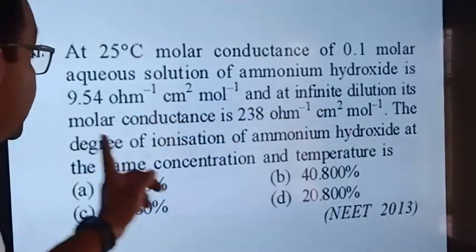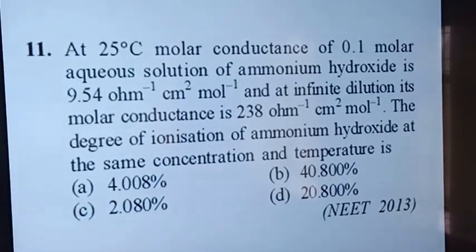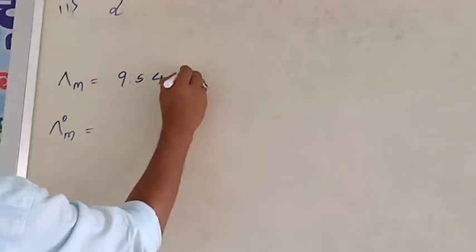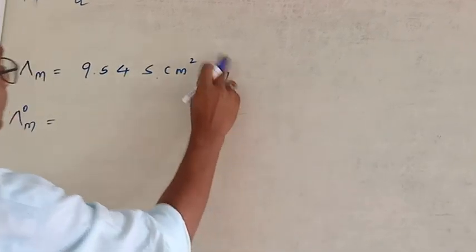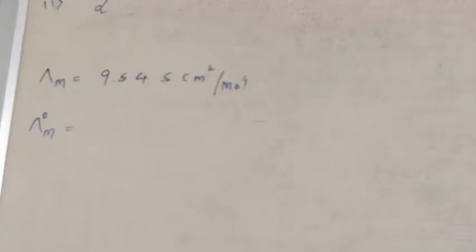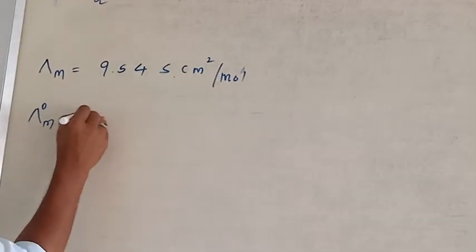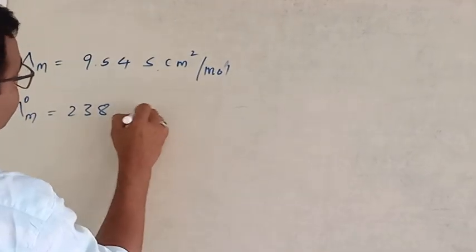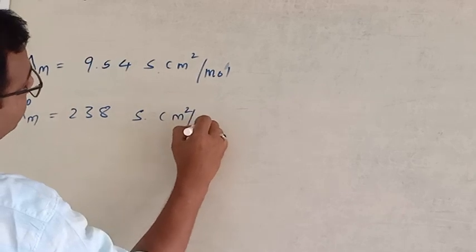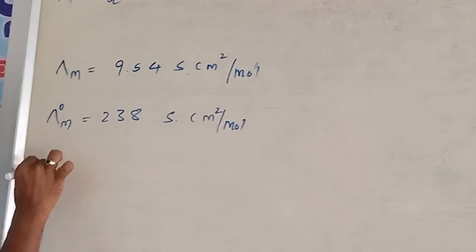And at infinite dilution, lambda naught m, the value is also given, 238 Siemens centimeter square per mole. Now we need to calculate the degree of dissociation, that is the alpha value.